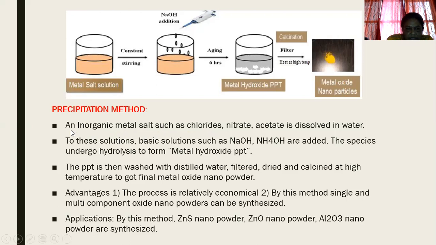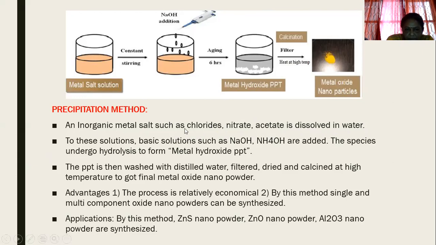So here simple precursors can be taken, like inorganic metal salt, such as simple sodium chloride. So inorganic metal salt, the metal can be sodium, potassium or any metal, and its anions can be chloride, nitrate, acetate, etc. Anything which is soluble in water, that kind of salt should be taken and it should be dissolved in water. So the simple precursor is inorganic metal salt and the solvent is water.